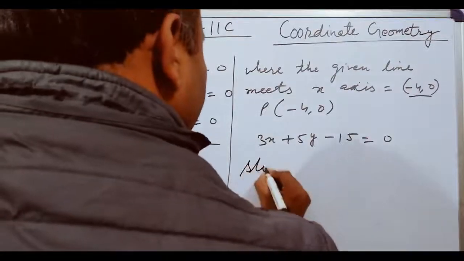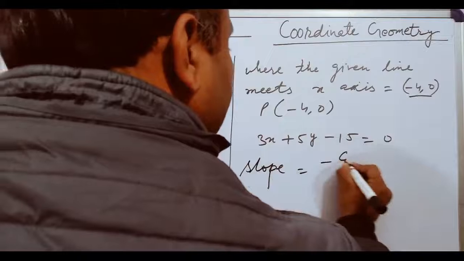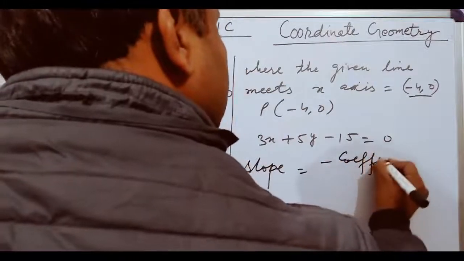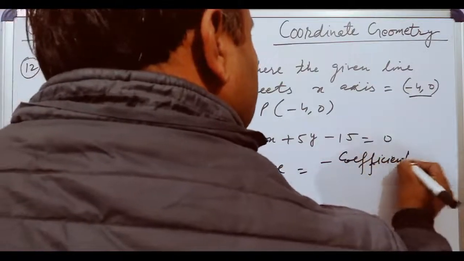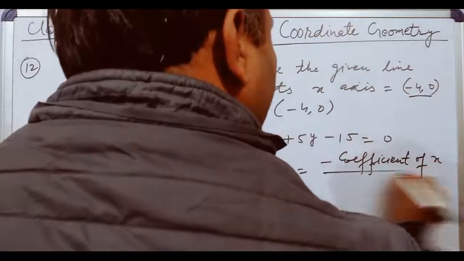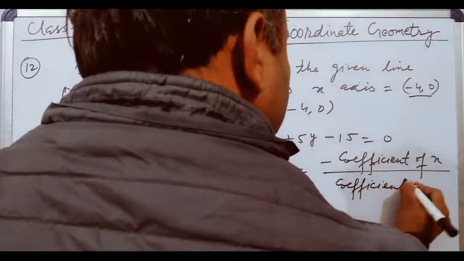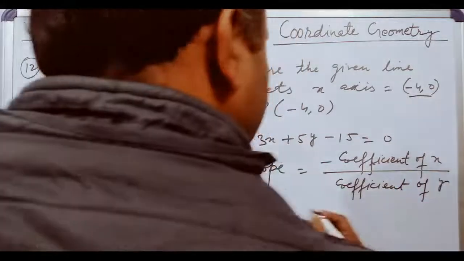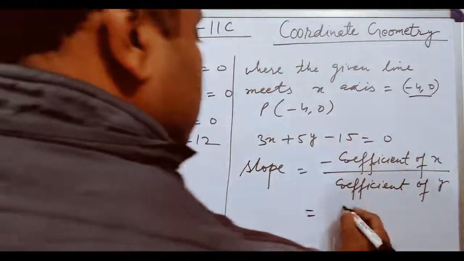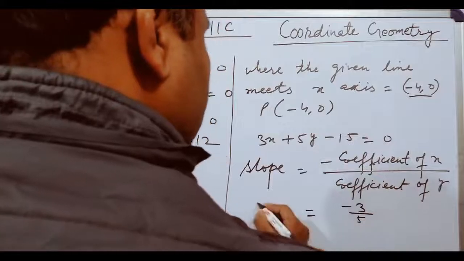So slope equals minus coefficient of x upon coefficient of y. The coefficient of x is 3, so the slope is minus 3 upon 5.